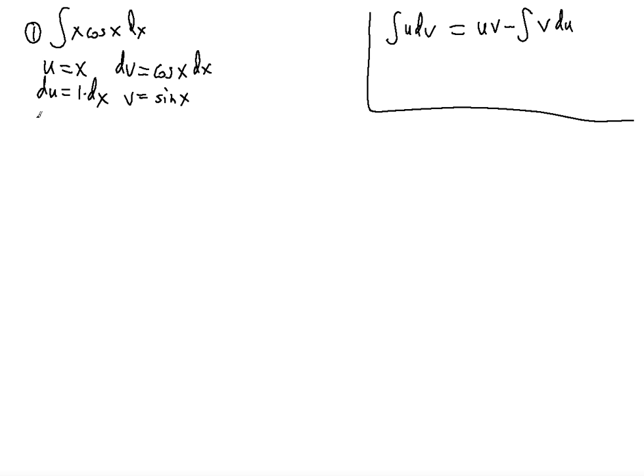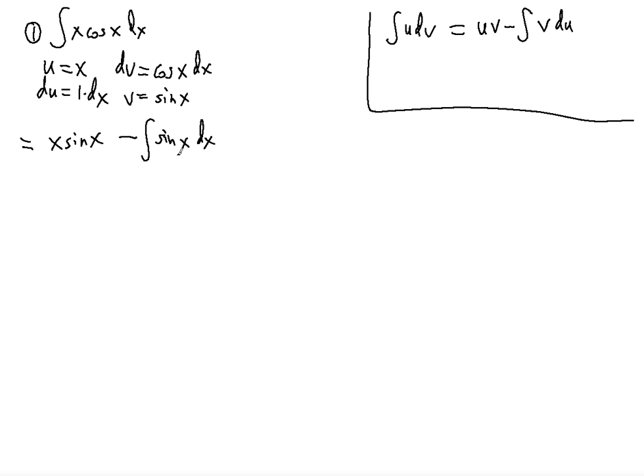Now this integral becomes x sine x, u times v, and no integral with that, just the clean two functions u and v, minus the integral of v du. V is the sine x, and du is just 1 dx.